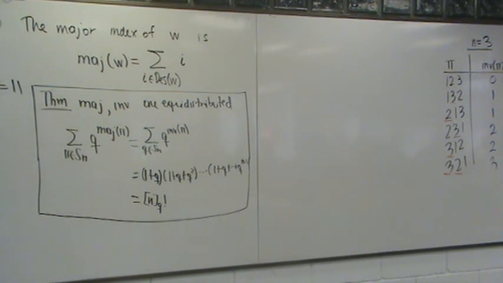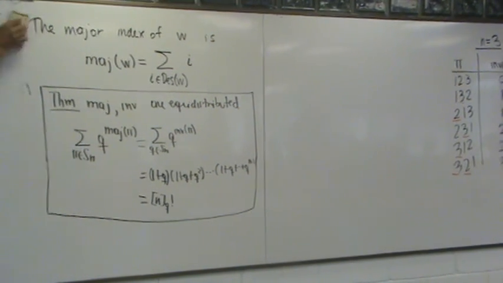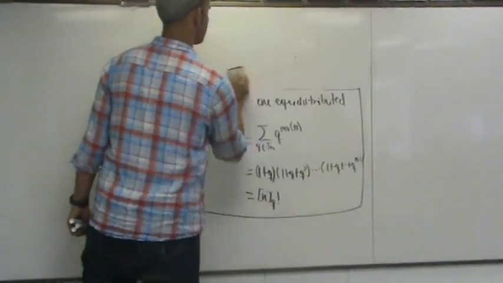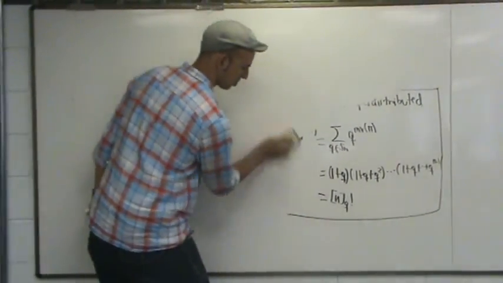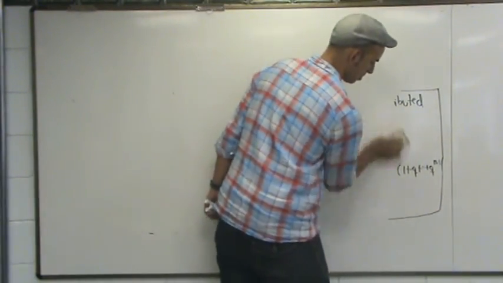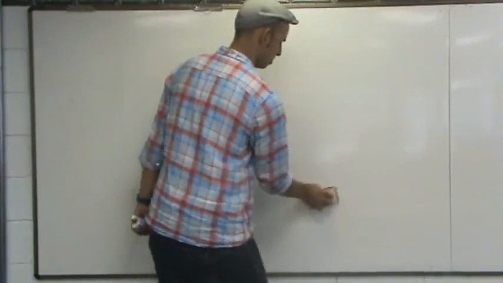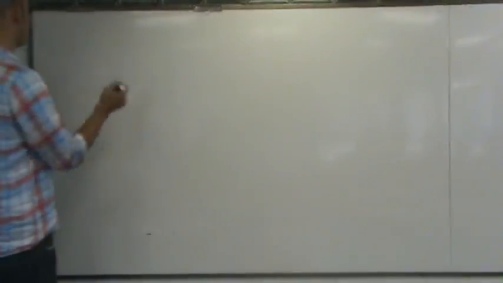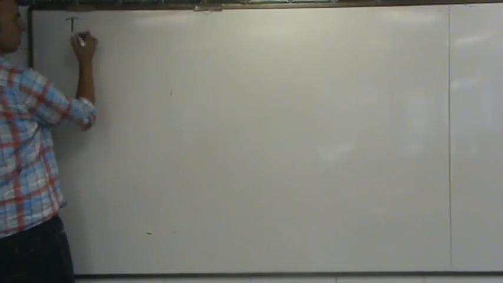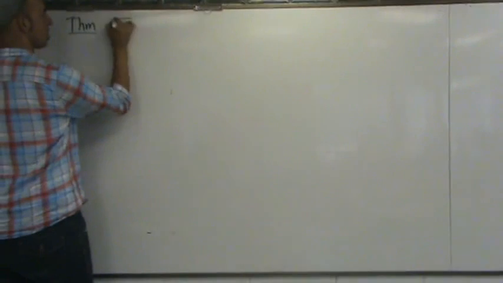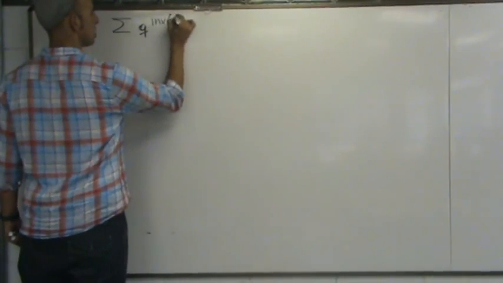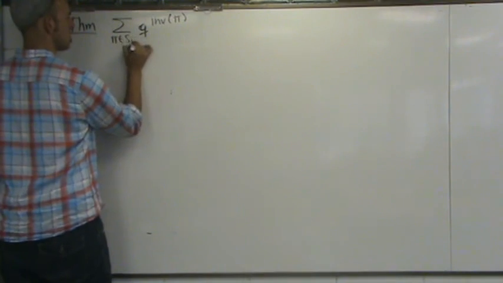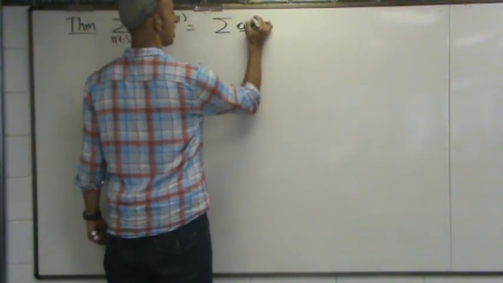Okay, so let's see, how should I do this? This is going to be, let's go over here. Okay, so theorem, the sum of q to the inversions equals the sum of q to the major index.